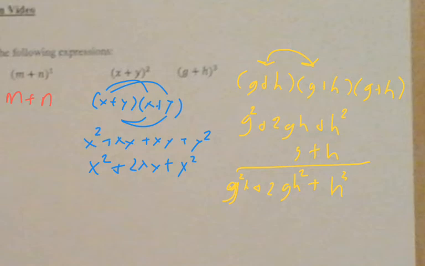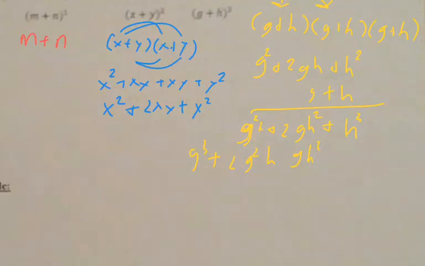Now when I multiply my g by h squared, you get gh squared. G times 2gh, you get 2g squared h. And g times g squared is g cubed.